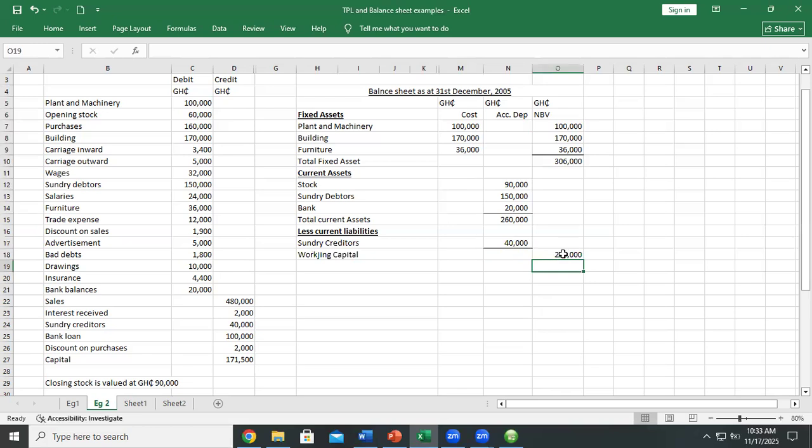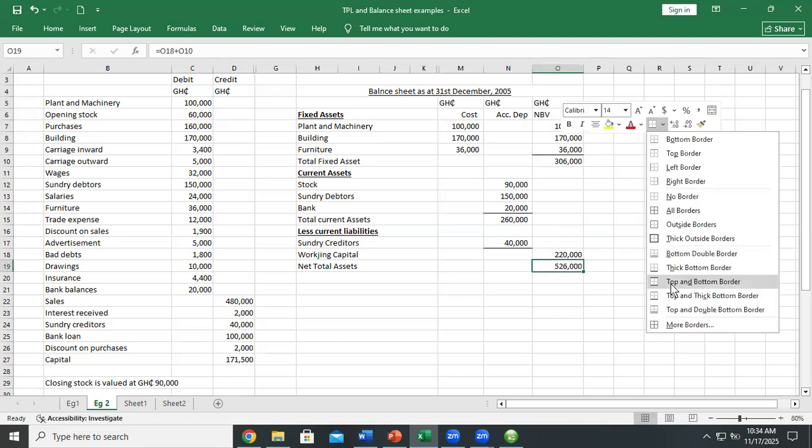Okay. You now add this working capital to the total fixed assets, and that should give you your net total. Okay, so we have 526,000 as our net total assets.